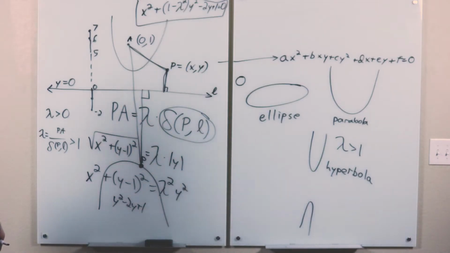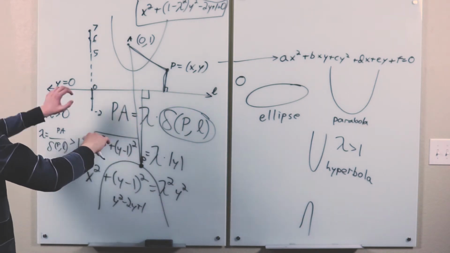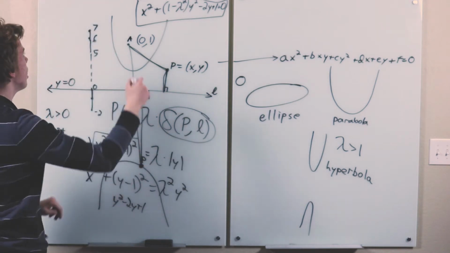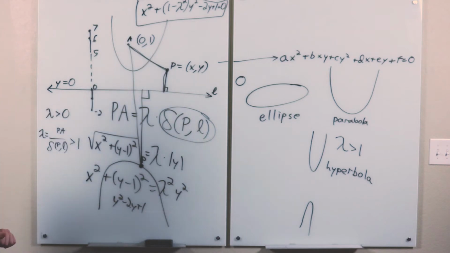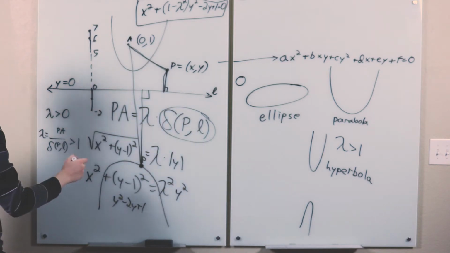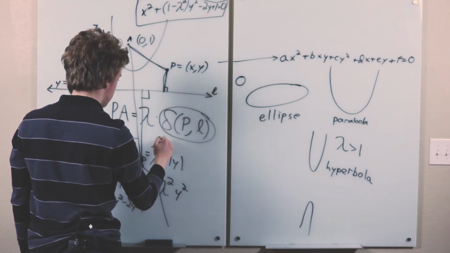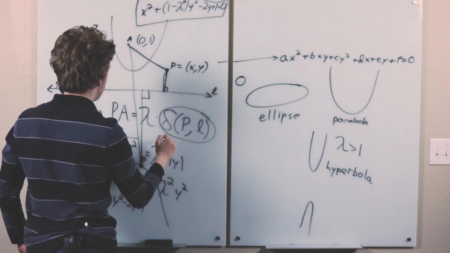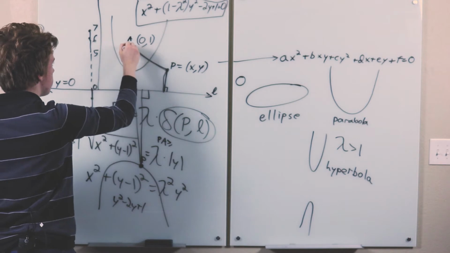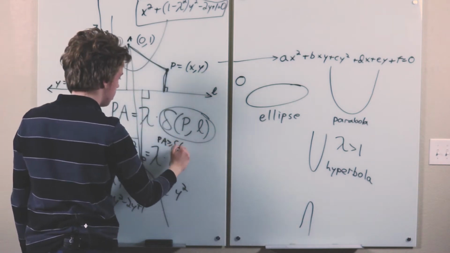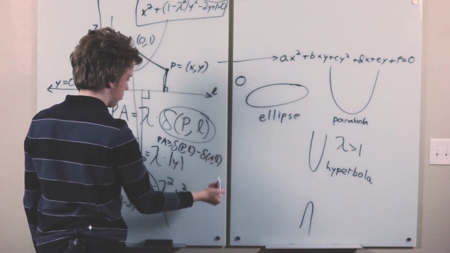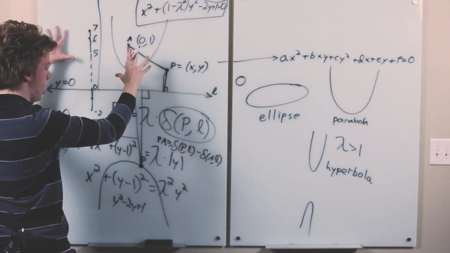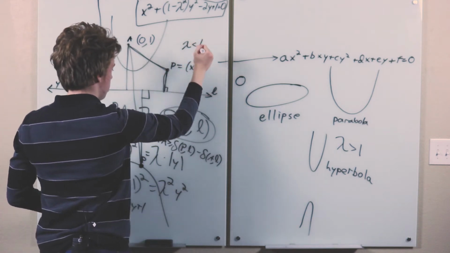Now, what if lambda is less than 1? Then what happens is you can't go off to infinity, because if you take a point P that's too far away, PA is going to be at least the distance here minus the distance from A to L. Assume we're on this side, in the case where lambda is less than 1.